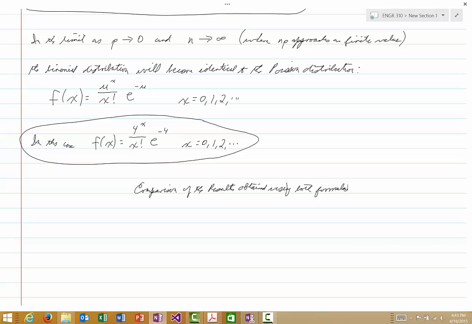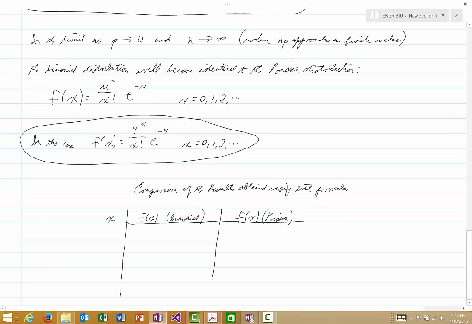Okay, so we will calculate f of x, binomial, and f of x, Poisson, and then in this column we'll have x: 0, 1, 2, 3.